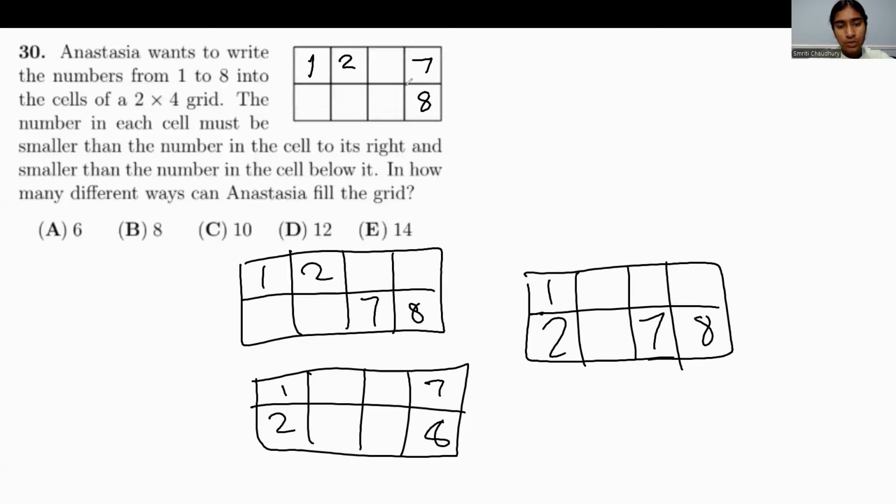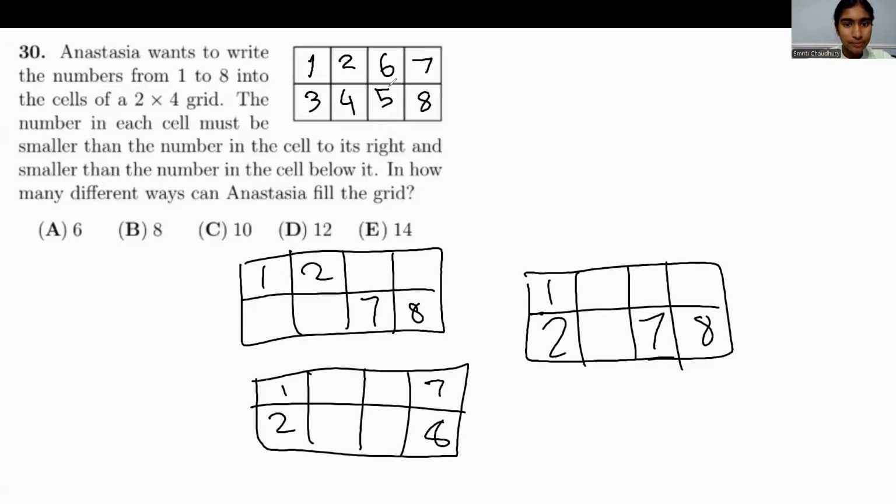Of those numbers, we could have 3, 4, 5, 6, or we could have 4, 3, 5, 6, or we could have 5, 3, 4, 6, but the number that wouldn't work is 6, 3, 4, 5, because 6 is greater than 5, so this would not work.